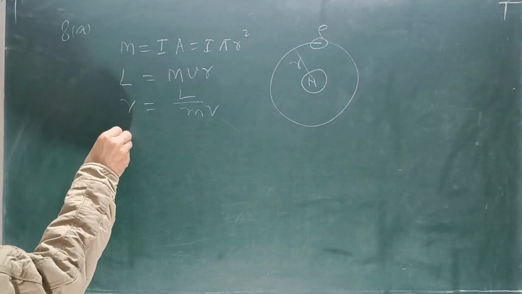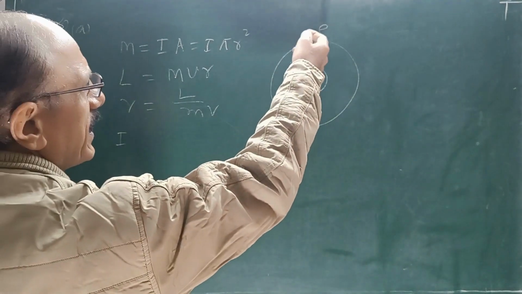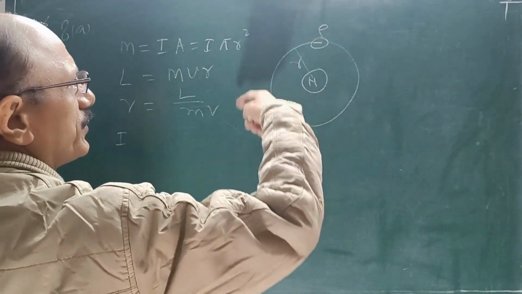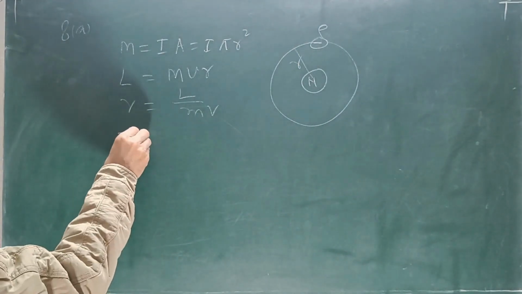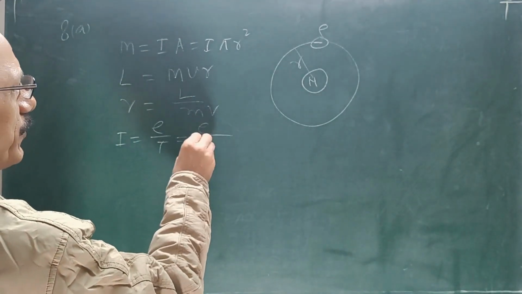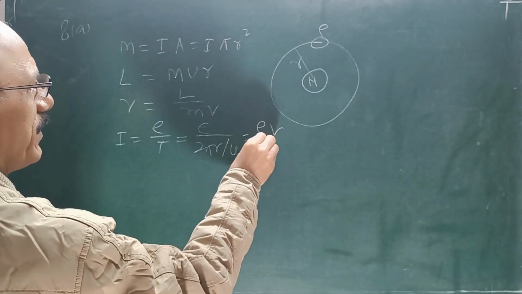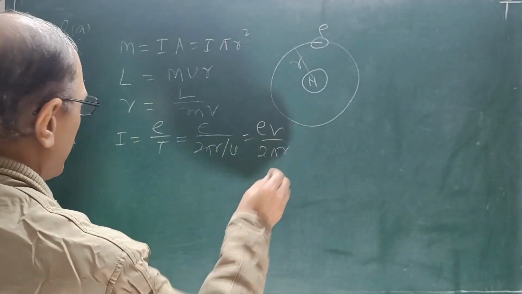Now the current is charge flowing per unit time. The charge is e and it passes through the complete circle in one time period, so I is e upon time. The time period is 2 pi r divided by the velocity, so I equals ev upon 2 pi r.